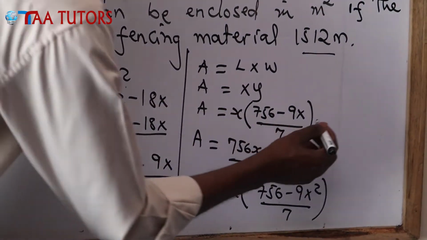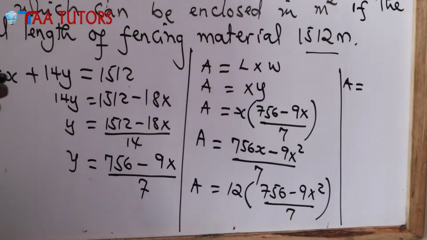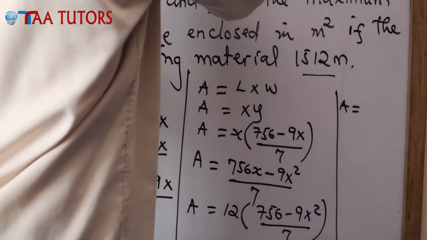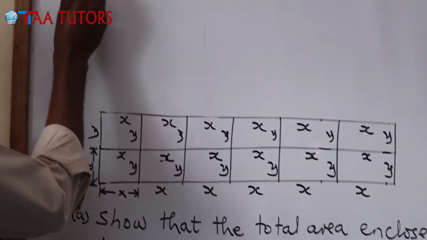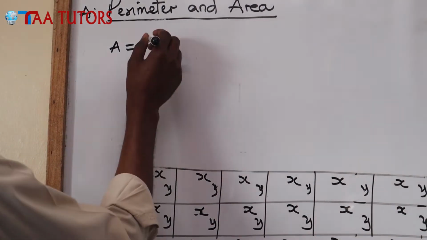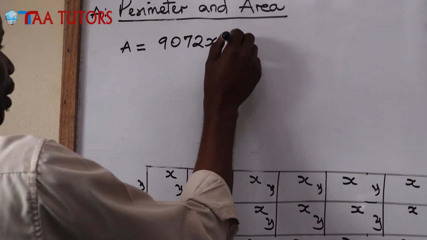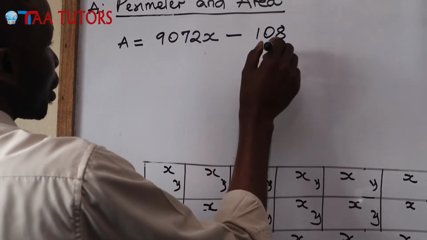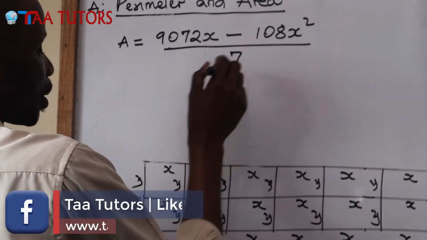If you open that bracket, the area A equals 12 times 756 is 9072x minus 12 times 9 is 108x squared. We know that everything here is over 7.